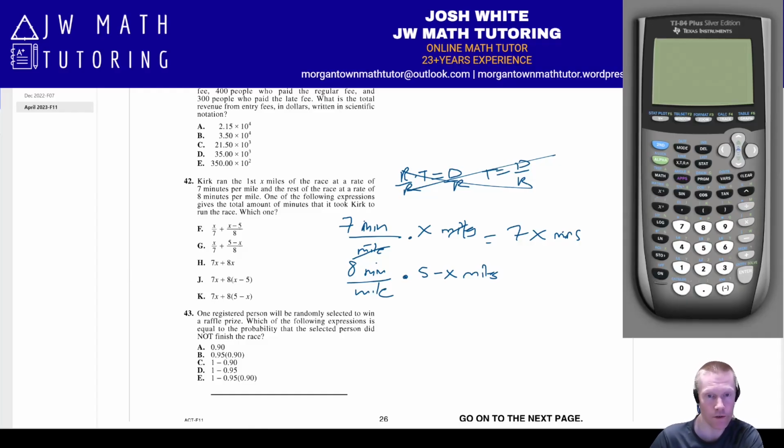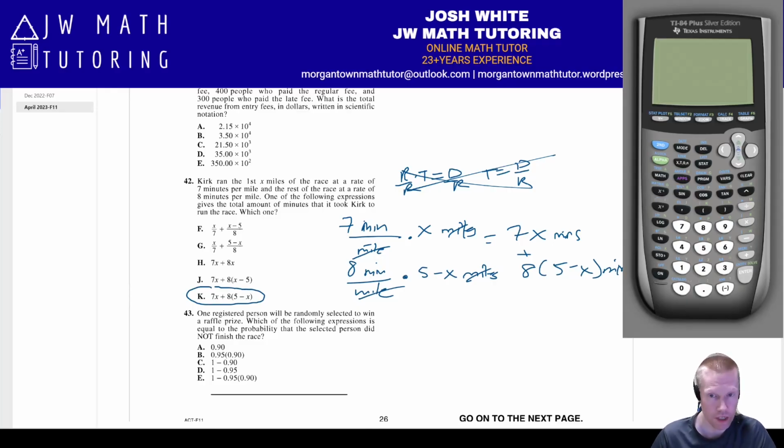If he did 2 miles initially, then the remainder would be 3 miles, and you get the 3 by doing 5 minus 2. If he ran 1 mile initially, then the remainder would be 4, by doing 5 minus 1. So following the same pattern, the total time would be 8 times 5 minus X. You just add these two things together, and that gives you your total time. So the correct answer to this problem is letter K.